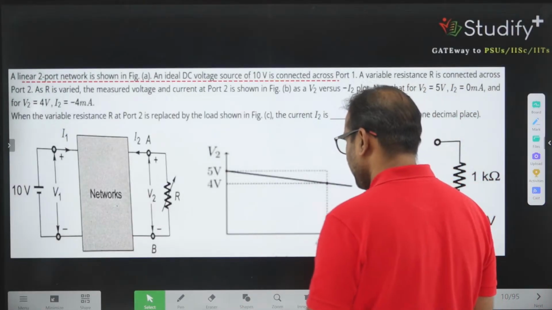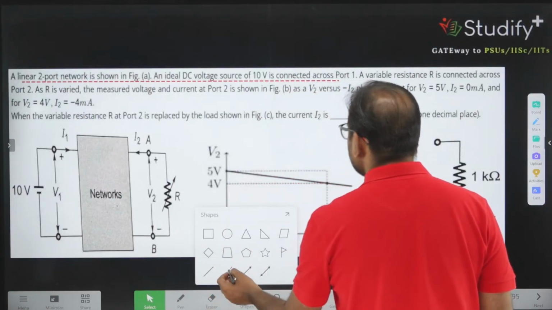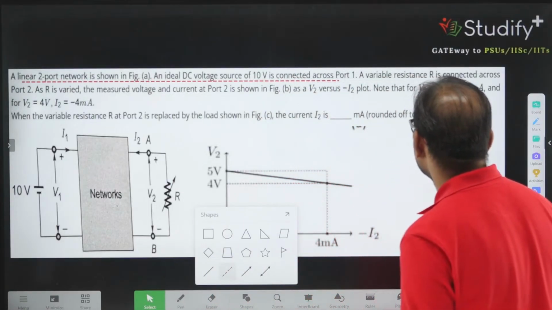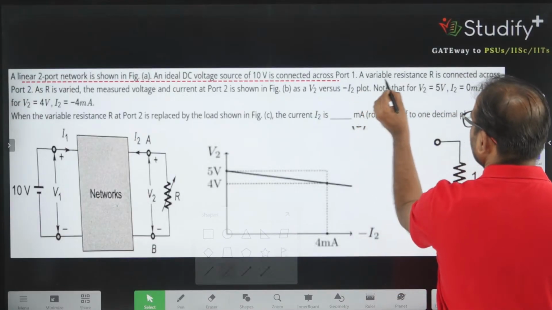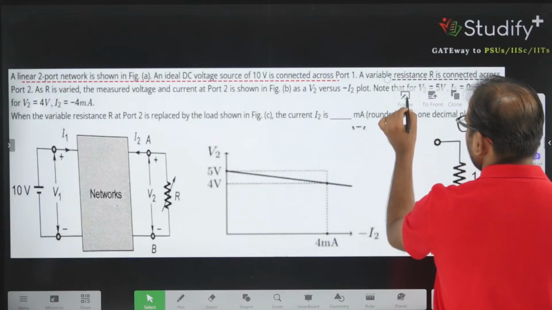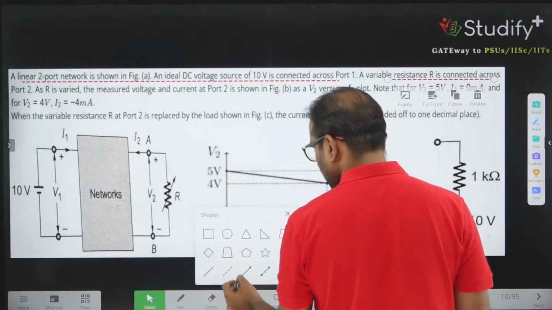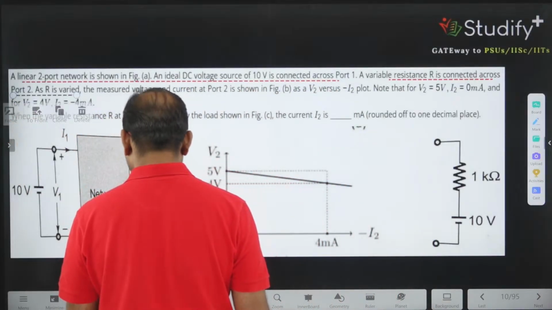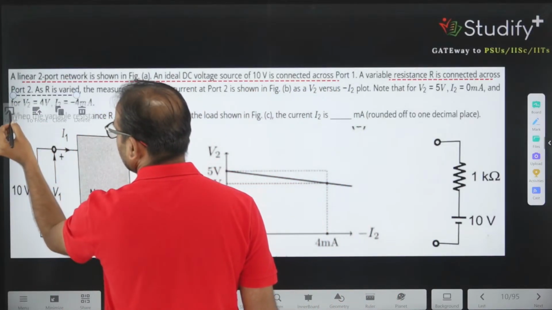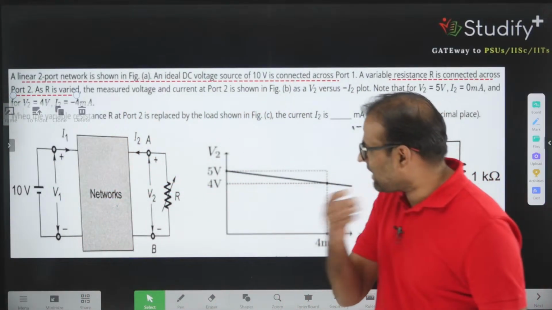It is directly given. What else is given? The next information is that a variable resistor R is connected across port 2, and this resistor you can vary.